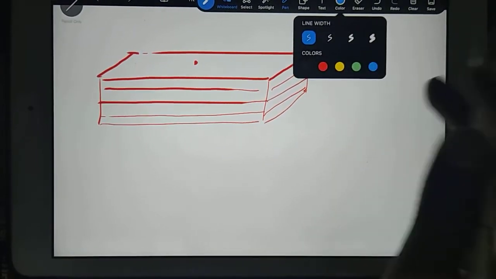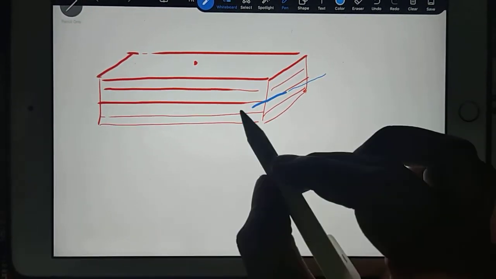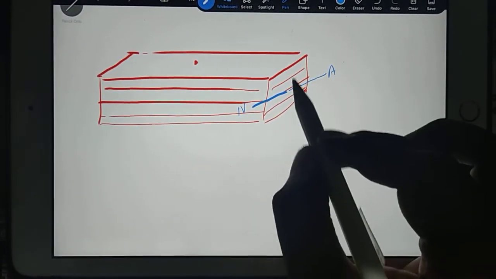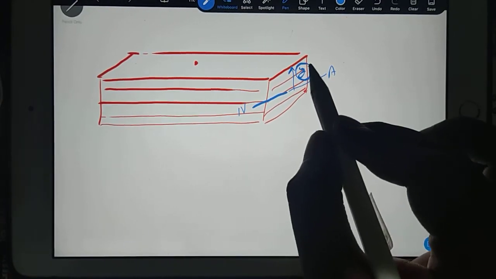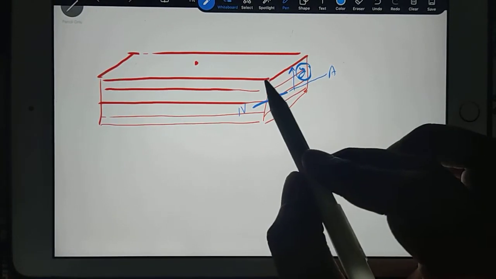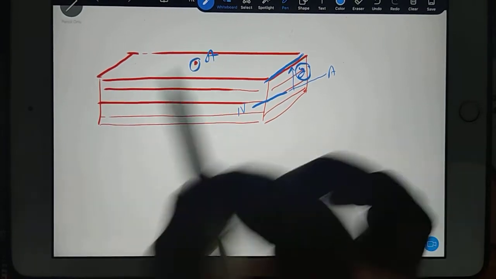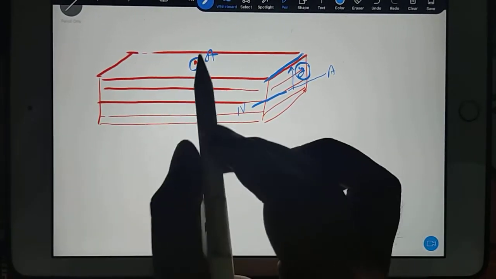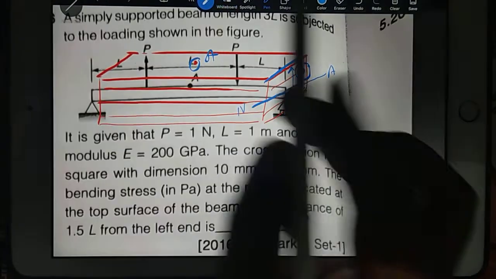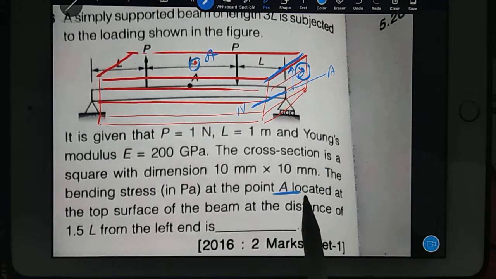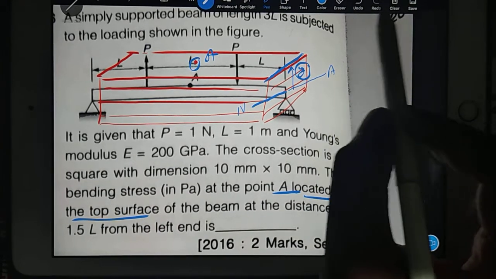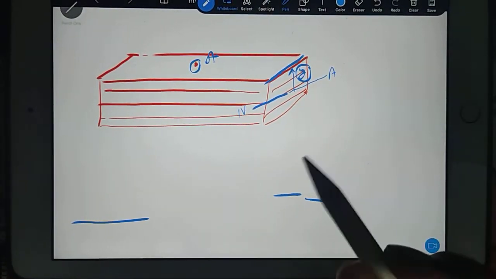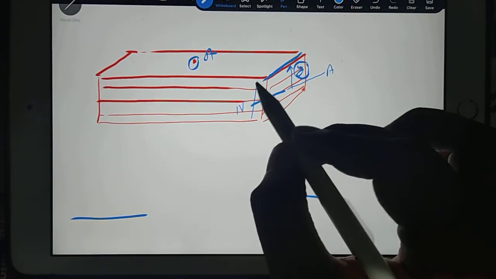Suppose this is your neutral fiber. So from the neutral axis, you have to go y distance up. That distance is the distance of the fiber in which your point A is located, right? So point A is located in the top fiber. How will you know? It is mentioned here that A is located at the top surface. So that's how we can calculate our y value. This total is 10, so y value is 5.